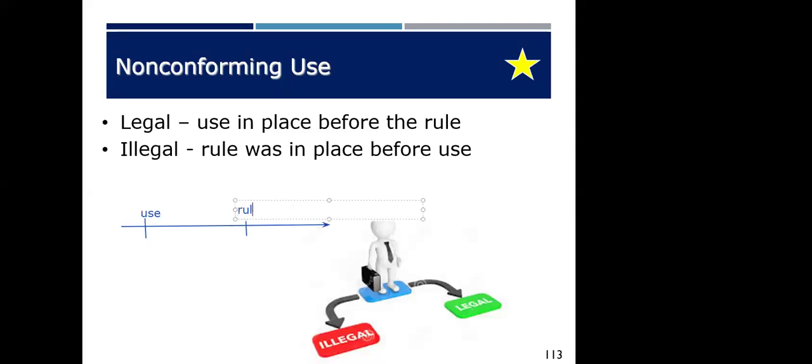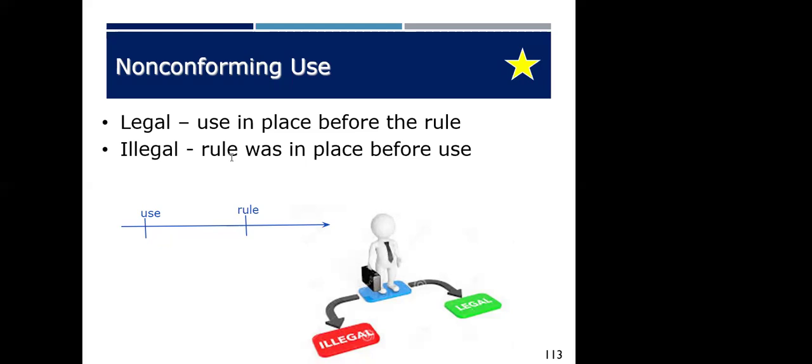Let's say, for example, you had a gas station. It was zoned when you opened or purchased that gas station, it was zoned to allow the gas station. So you were using that land as a gas station. Somewhere along the line, they rezoned it, they changed the rule, and now they're saying this area is only zoned for residential. No commercial, just residential.